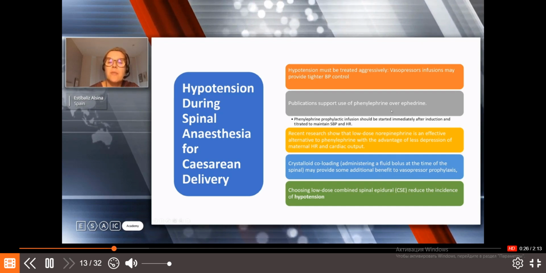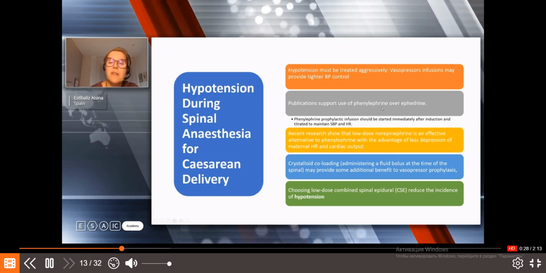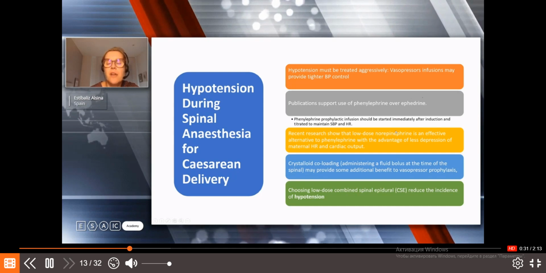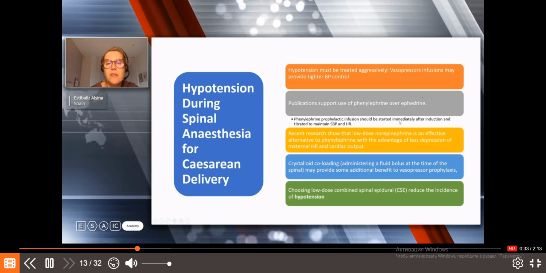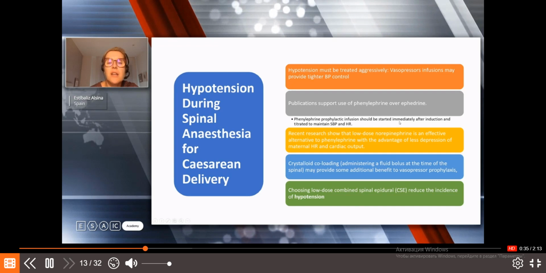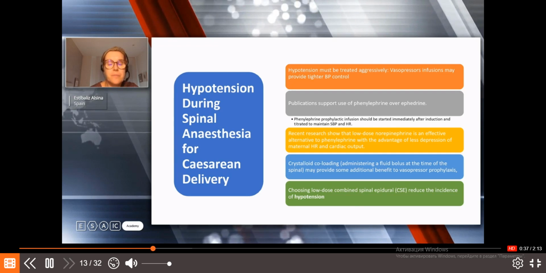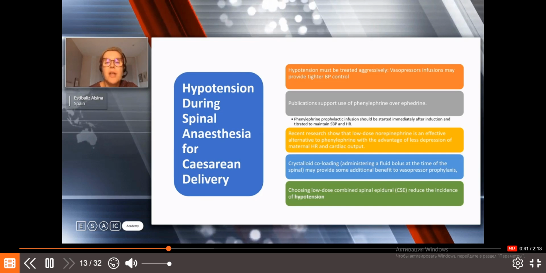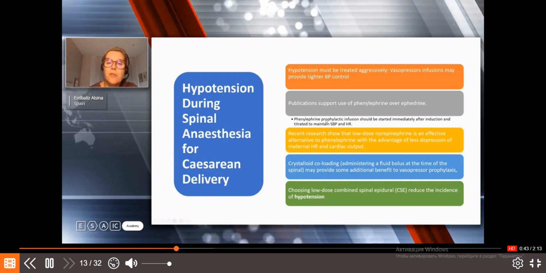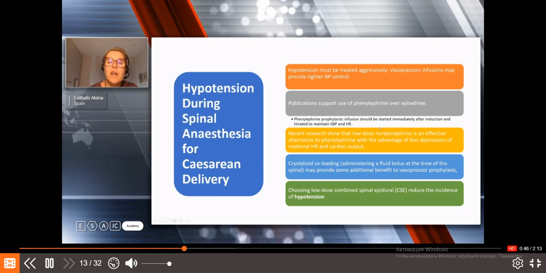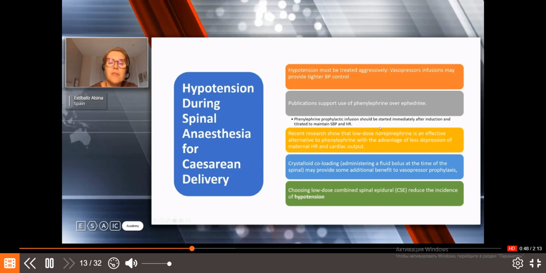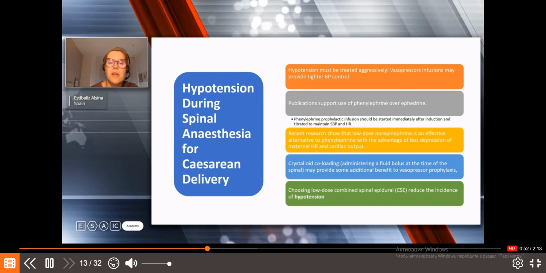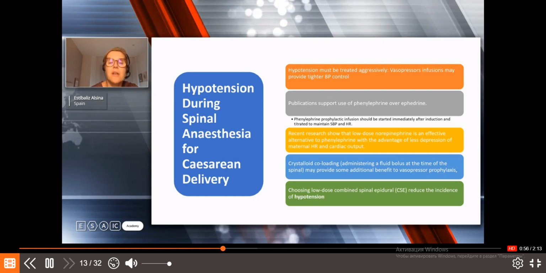So in most publications, phenylephrine is better than ephedrine because it has better fetal results, and we have to use phenylephrine over ephedrine. We use it in a prophylactic infusion and it should be started immediately after the technique. So we can maintain the blood pressure and the heart rate at every moment.